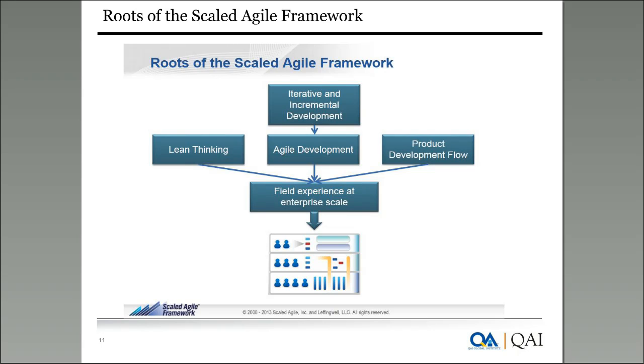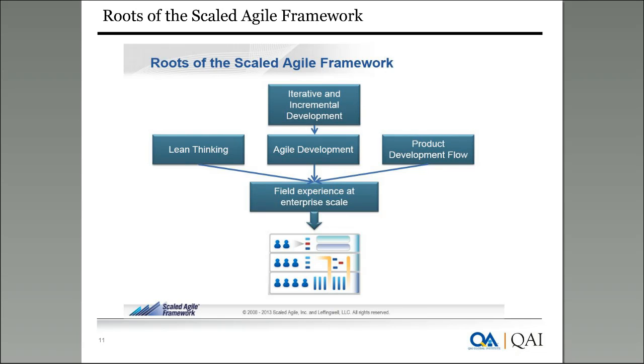This Scaled Agile Framework approach is articulated on their site, and if you look at it, the SAFe framework has principles, values, and a lot of practices. A lot of these practices have their foundations in different frameworks like Scrum, the agile approach, Kanban, and XP.